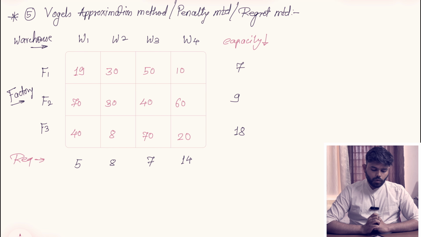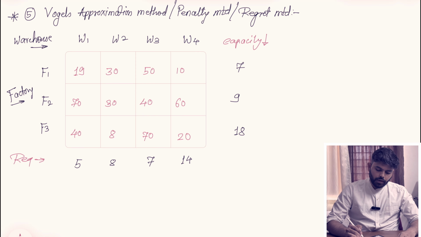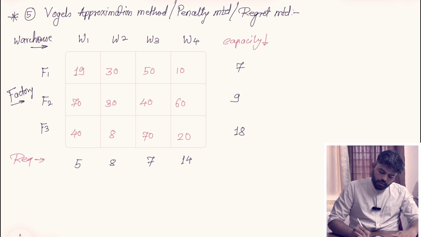The goods from all these 3 factories are to be transported to these warehouses, and the unit cost for the transportation is given in the matrix. Here the total demand for each warehouse, or the requirement, is mentioned, and the capacity of each factory to supply is also given.